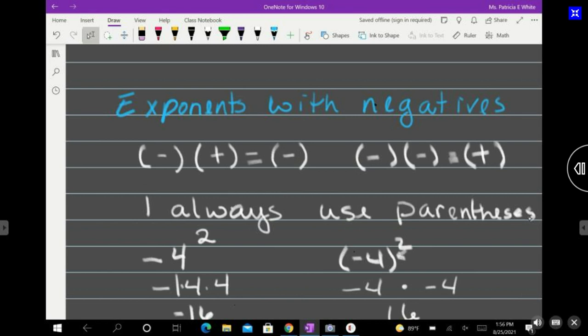Again, everything we do this year will have all kinds of negative numbers in it. We gotta get that negative business straight. What if I multiply a negative times a positive? It will always equal a negative, and if I multiply 2 negatives, it will always equal a positive.